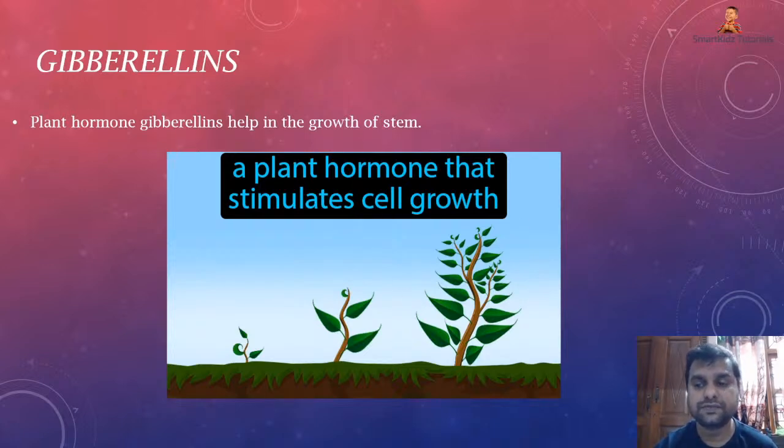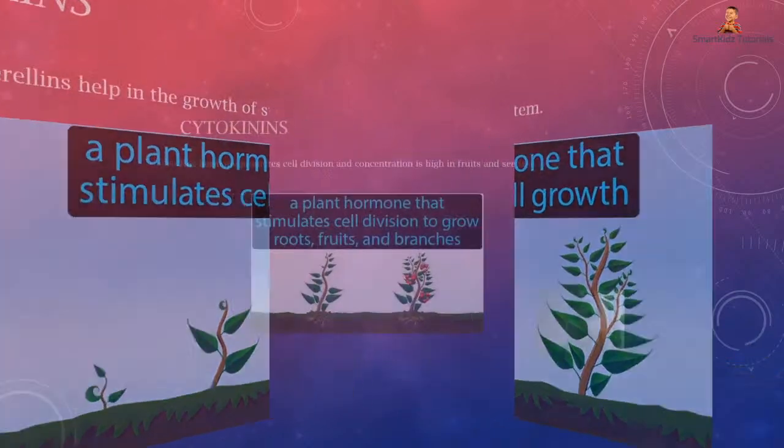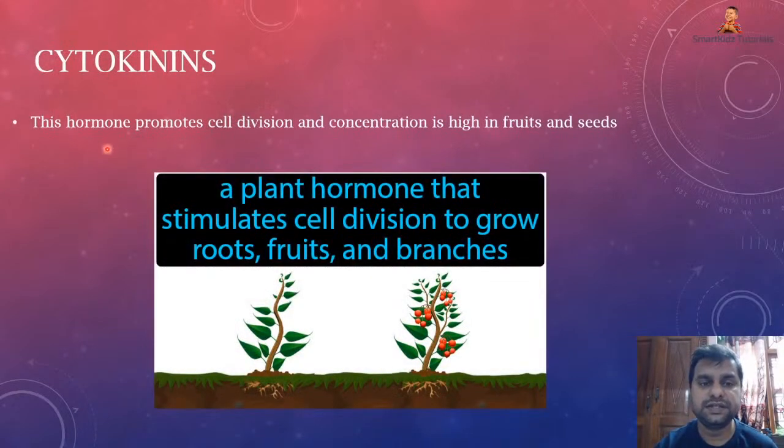growth. Then you have cytokinins, hormones that promote cell division, and their concentration is high in fruits and seeds. This type of hormone is mainly seen where the growth activity is very high.